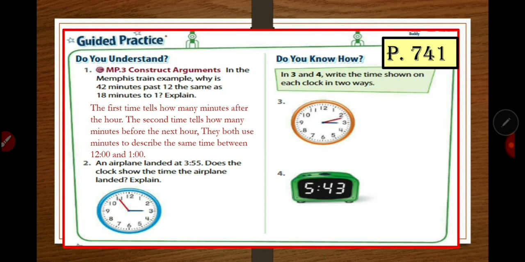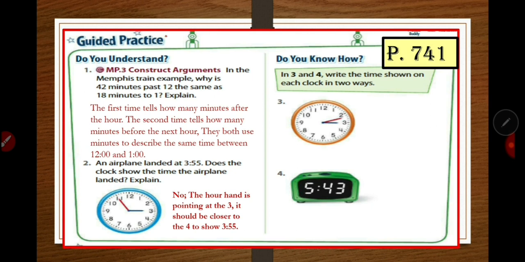Because the first time tells how many minutes after the hour. As I told you, when you say minutes past, we can say after. The second time, that is 18 minutes to 1, tells how many minutes before the next hour.